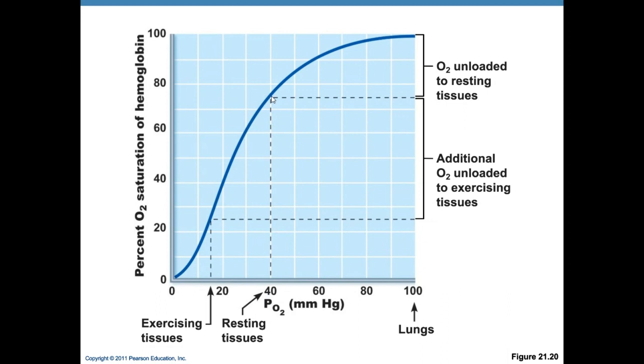So what can you do? You can pump that heart, and you still have 70% or 75% saturation, and you can go around and unload at least 2 more times to the cells, namely of the brain, and get that brain tissue some oxygen so that it can survive. So when you have that extra amount of oxygen bound to hemoglobin, and you're only taking 25% off at any given time, if I'm at rest, I'm still at 75% saturation.